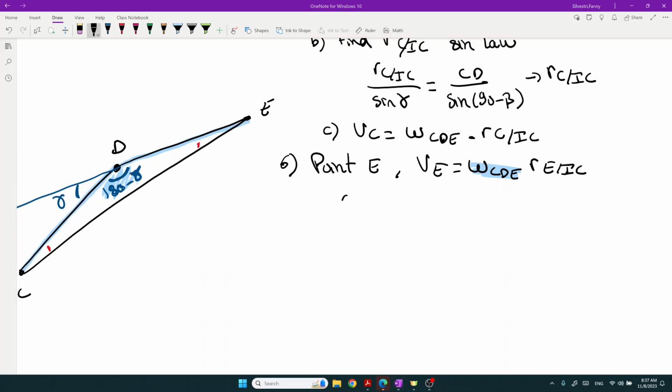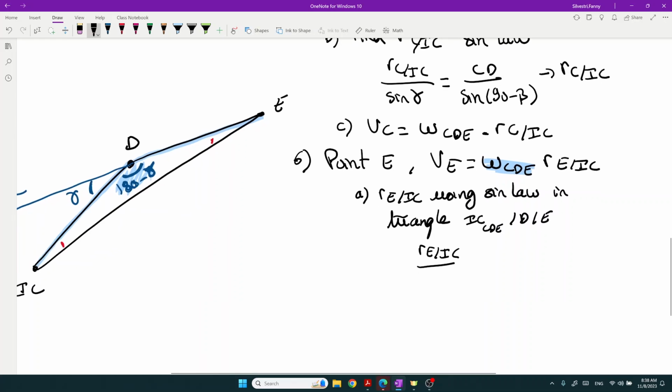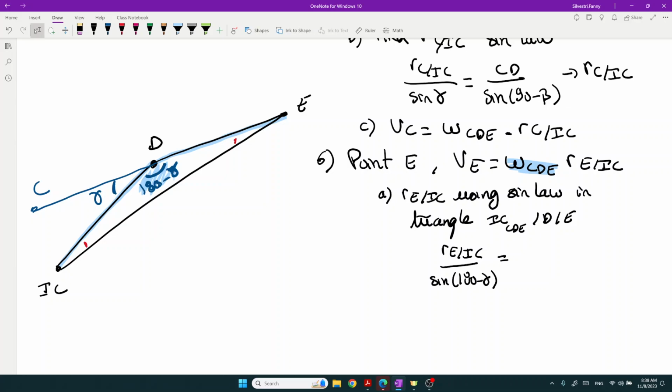So first find REIC using sine law in the triangle IC, D, and E. So we have REIC divided by the opposite angle, that's sine of 180 minus gamma, that is equal to, oh no, wait.